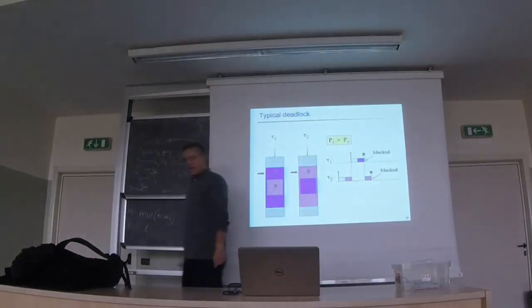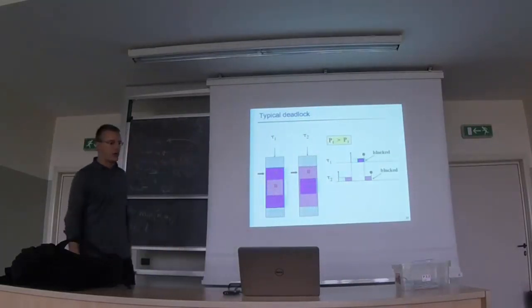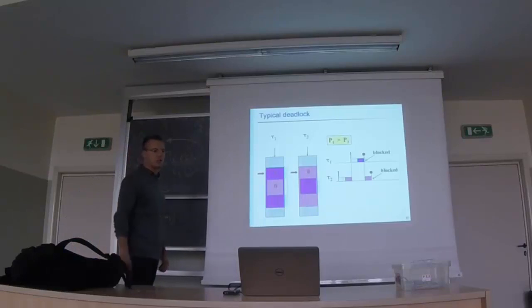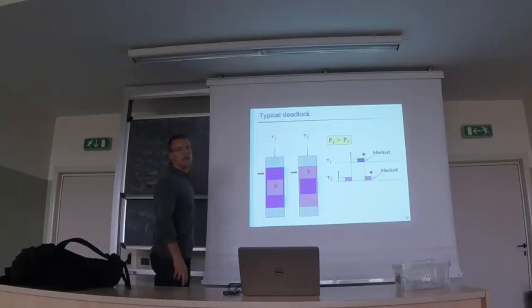So this was the typical deadlock that I showed you before without priority ceiling. So it's essentially the same example as sketched before.